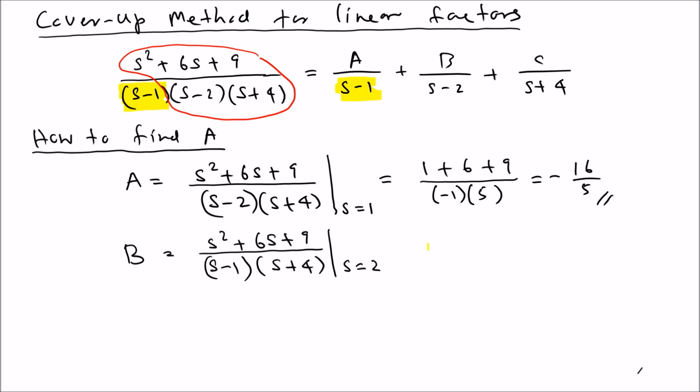That's the same number that is used for substitution. If you plug in 2, this is 4 plus 12 plus 9 over, you plug in 2, so this is 1 and 6. So you're going to get 25 over 6.